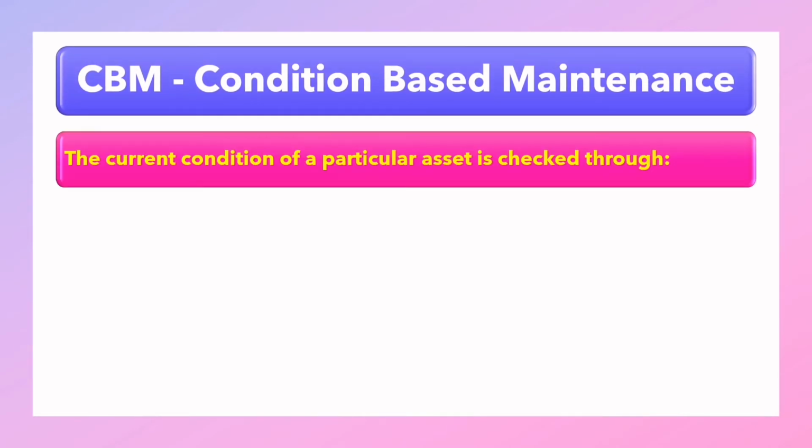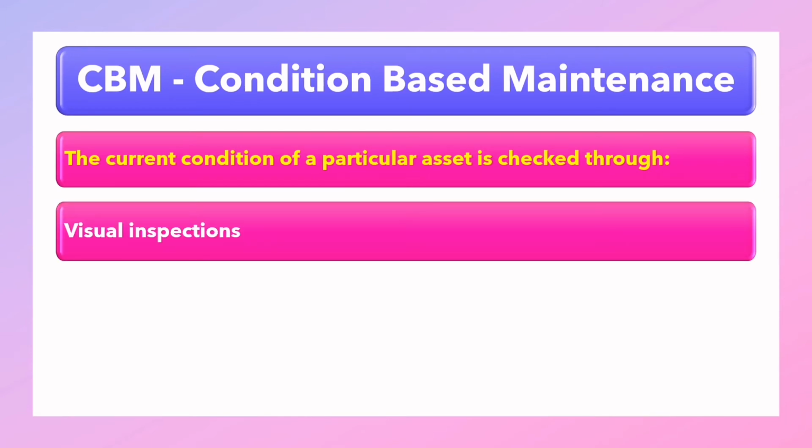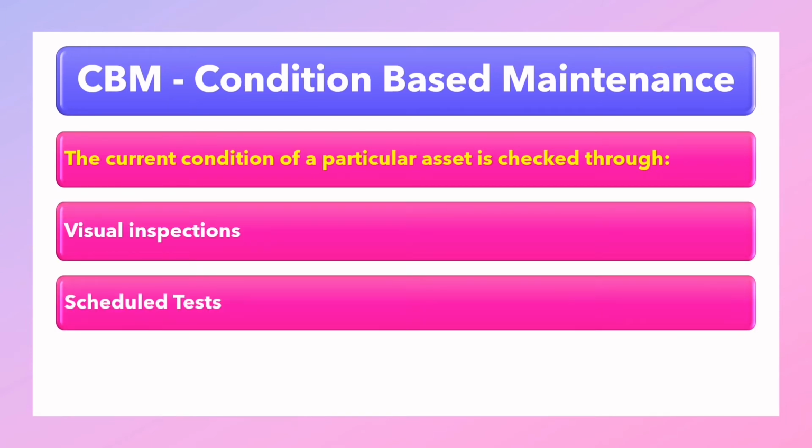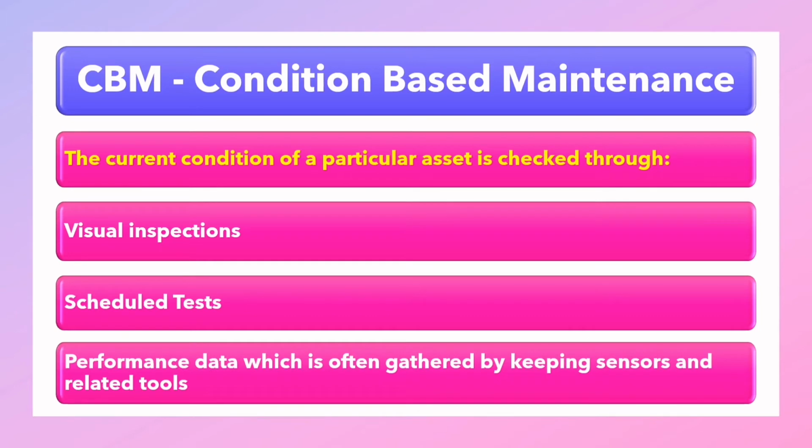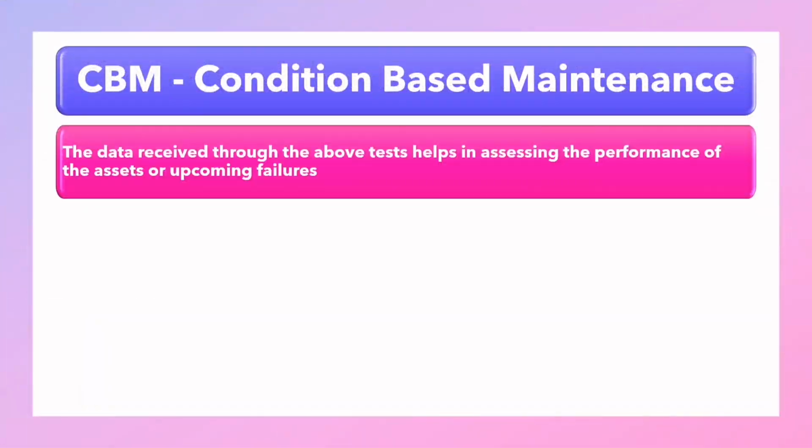The current condition of a particular asset is checked through visual inspections, scheduled tests, performance data which is often gathered by keeping sensors and related tools. The data received through the above tests help in assessing the performance of the assets or upcoming failures.